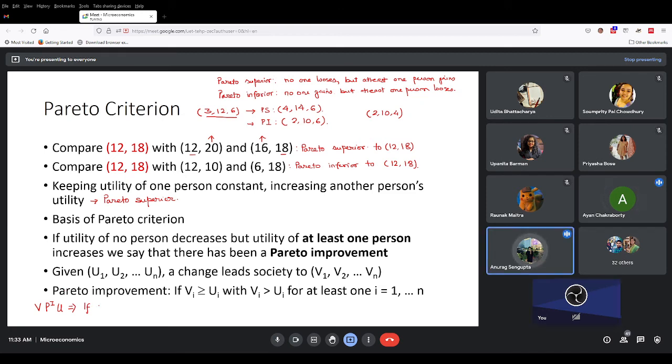Sir, Vi is less than or equal to Ui, with Vi less than Ui for at least one i, for i equals 1 to n.